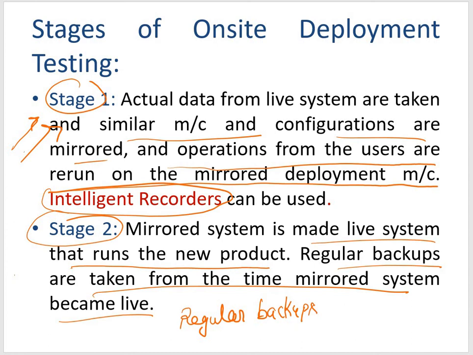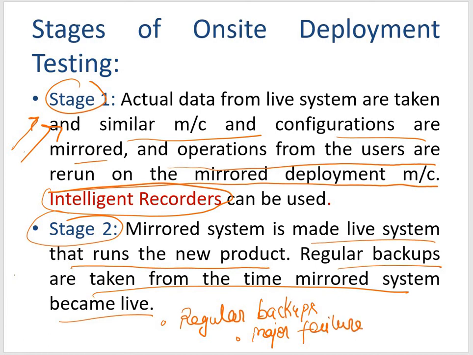And the incremental transactions are recorded from time to time. Also, the transactions and system state at this time are preserved in order to go back to the old system in case some major failure is detected.